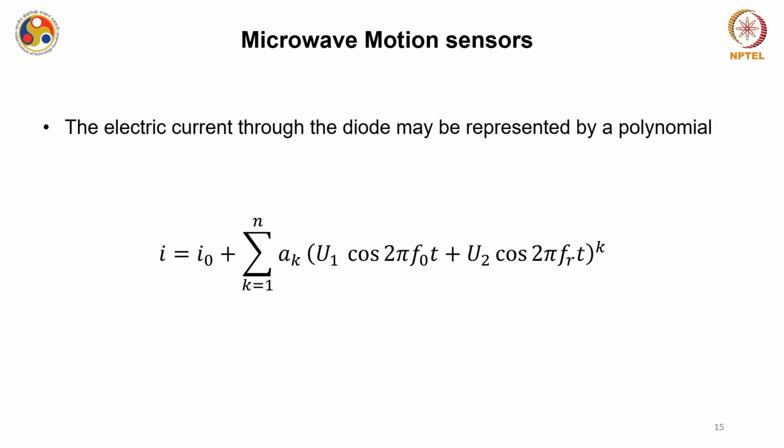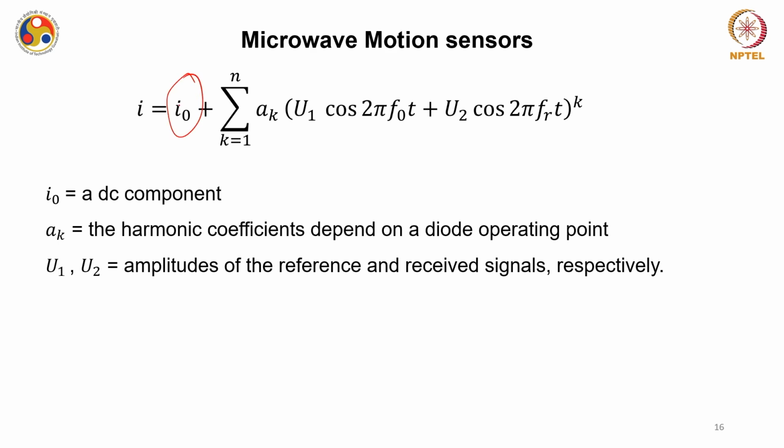Say the electric current through the diode is mostly represented using a polynomial as shown here. The polynomial for electric current for this kind of diode is given as I equal to I naught plus AK into (U1 cos 2 pi f naught t plus U2 cos 2 pi Fr t) power k, where I naught is the DC component in this current, and AK is the harmonic coefficient that depends on the diode's operating point.